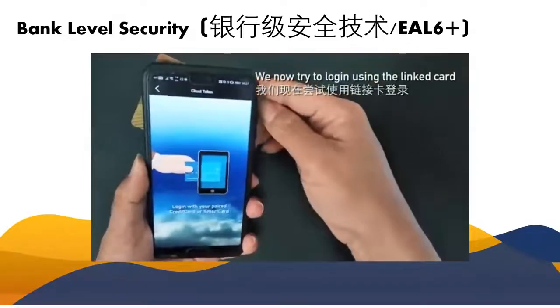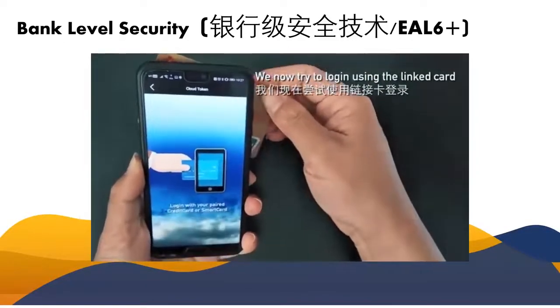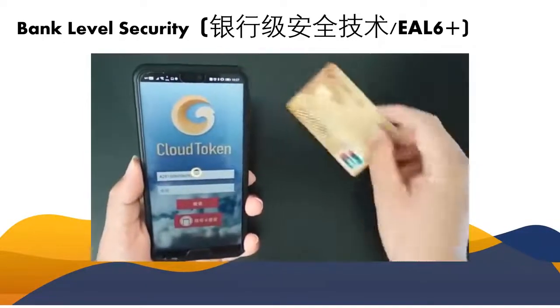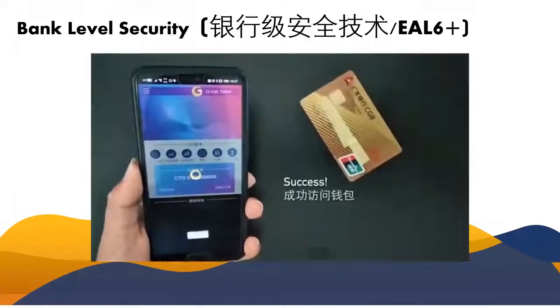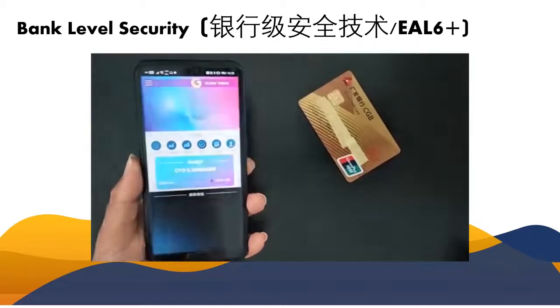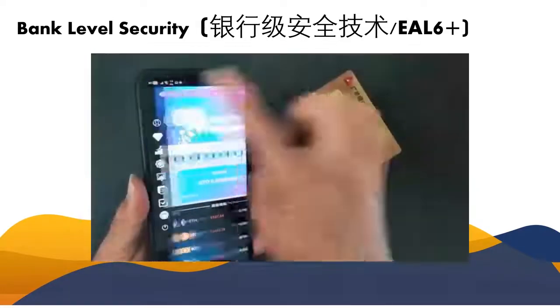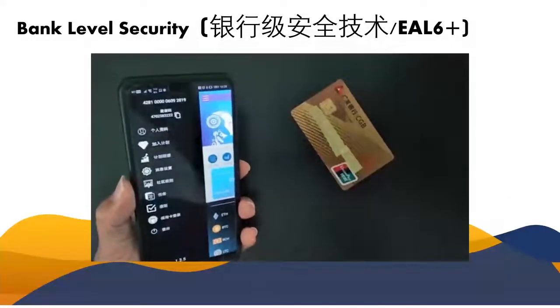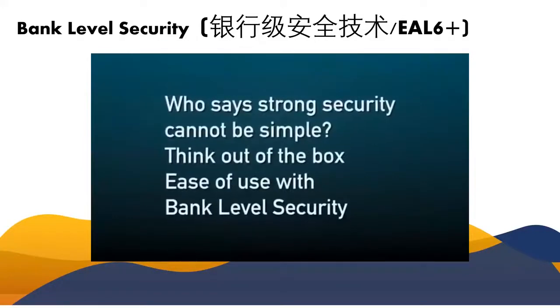And now what we're doing is pulling out the randomizer again. And there you go. You can just log in using your card. We will be distributing cards during May 12th.